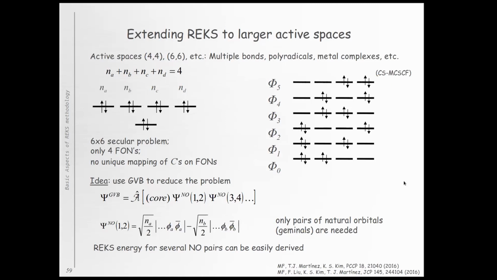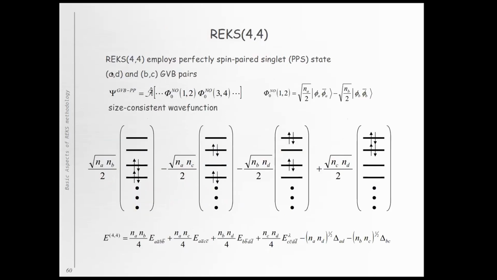for the REKS method. So, for example, the use of GVB leads to a very simple energy functional for the ground state of a system with 4 active electrons in 4 active orbitals. Here you see the configurations involved in this energy expression, and the deltas are essentially the coupling exchange integrals between the respective orbitals.